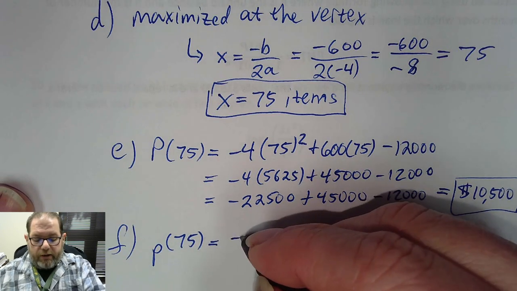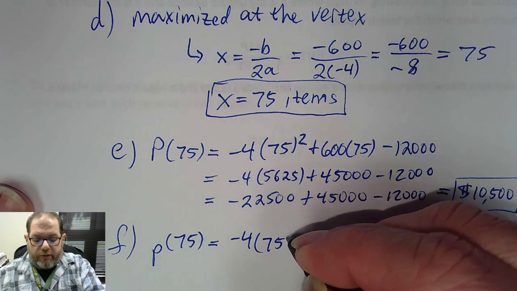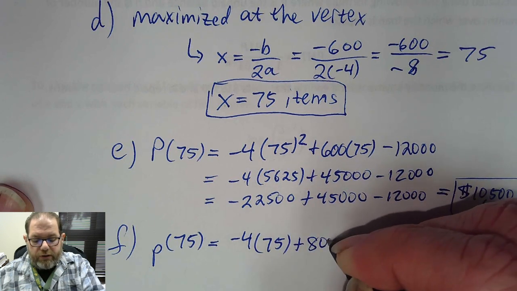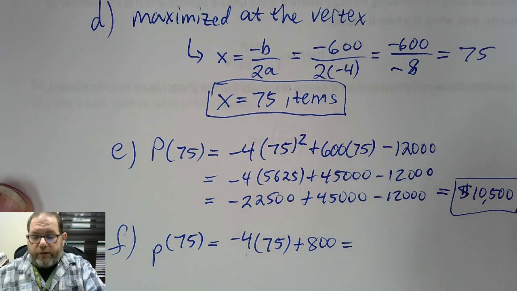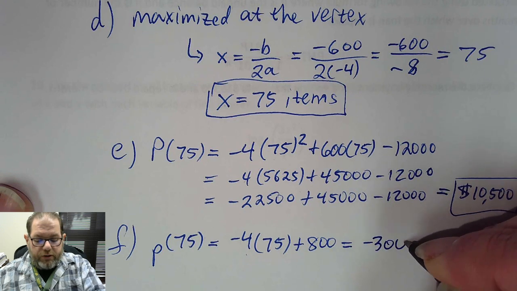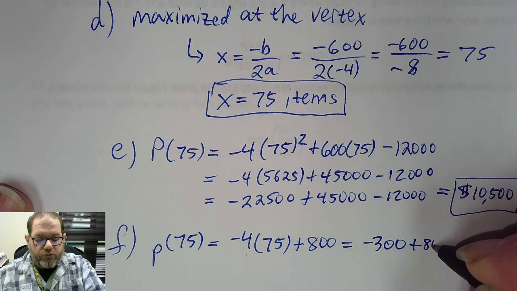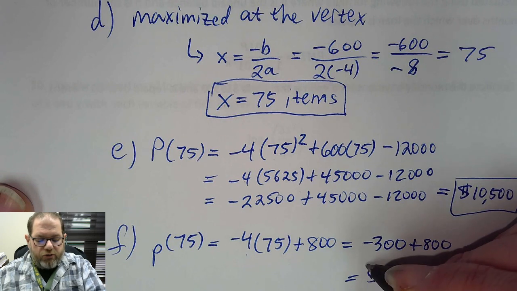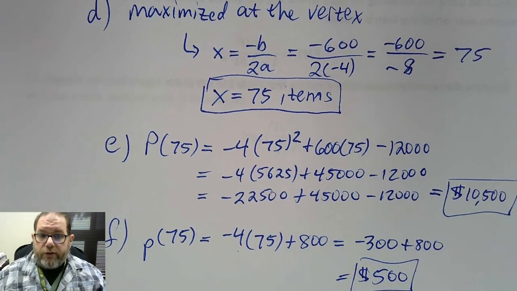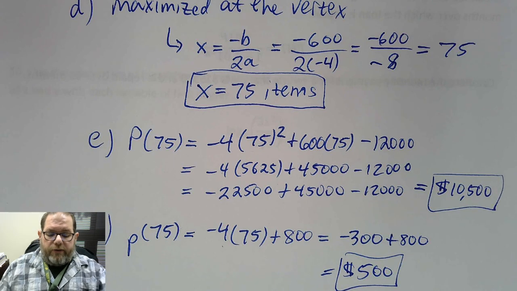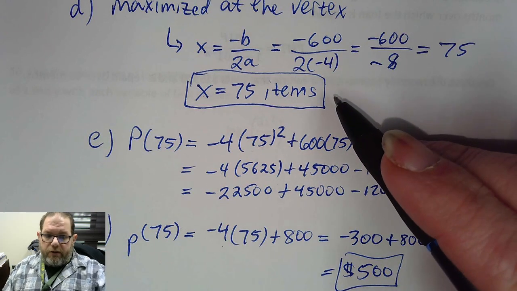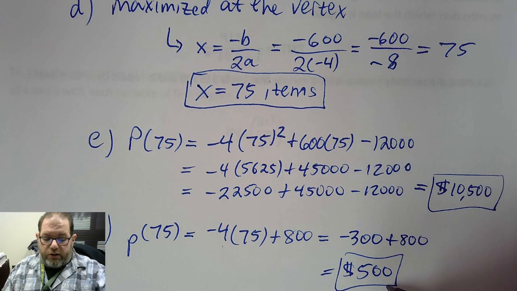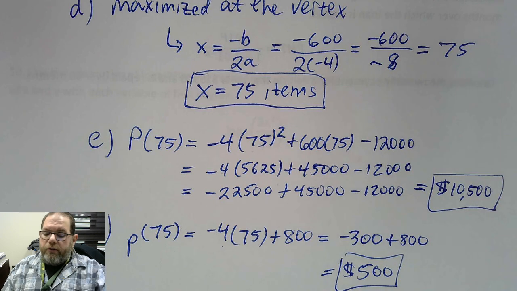And so that ends up being negative 4 times 75 plus 800. Negative 4 times 75 is negative 300. And add 800, that means we should be charging $500 each for whatever it is that we're looking at here in this problem. So if we can sell 75 items for $500 each, then we can anticipate making a profit of $10,500 overall.